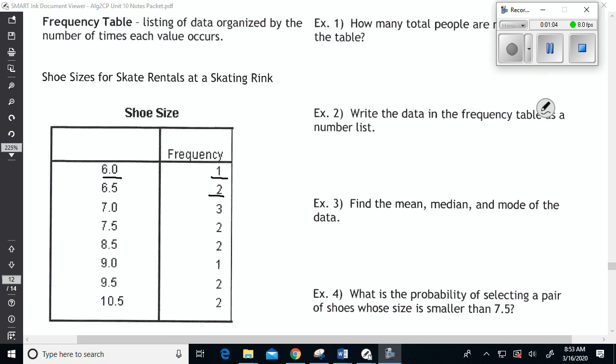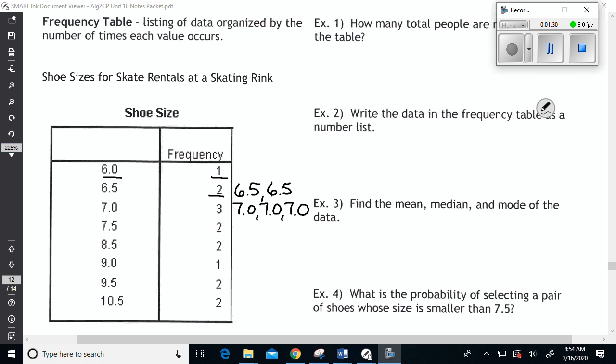That means 6.5 showed up 2 times. But instead of writing it twice, they just put a frequency of 2 to indicate that it showed up twice. In the case of 7, a frequency of 3 means it showed up 3 times. And so on and so forth you navigate throughout the list.